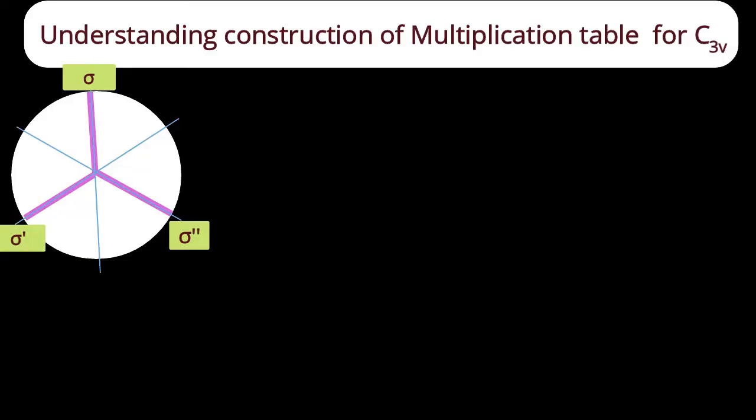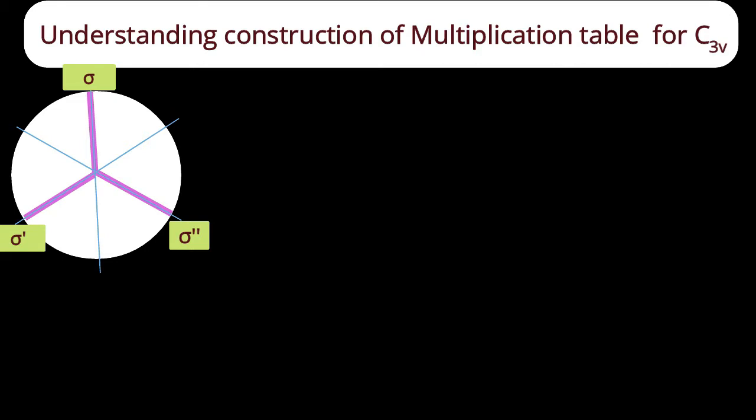It's our bird view of the ammonia molecule. Nitrogen is at the center and at the ends of those 3 bars, hydrogens are there. From the middle nitrogen to the upper hydrogen, the plane passing through that NH bond is sigma. If we move in the anti-clockwise direction, then from the middle nitrogen to the left side hydrogen, the plane passing through that bond is sigma dash.